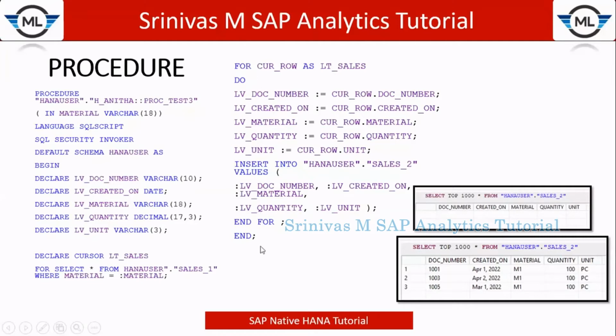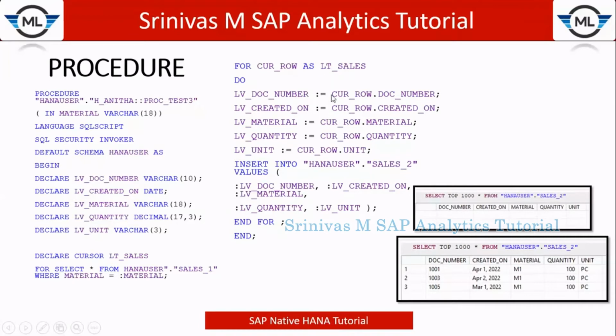You see, for cursor and end for. This for and end for acts as a looping statement for our internal table. For example, if this select statement is returning 10 records, then this for and end for will run 10 times, once for each record in my LT_sales table.